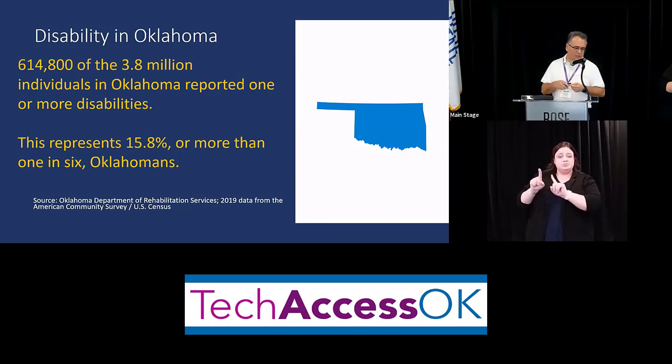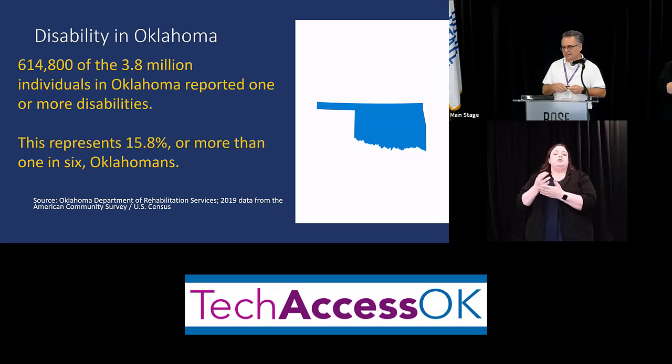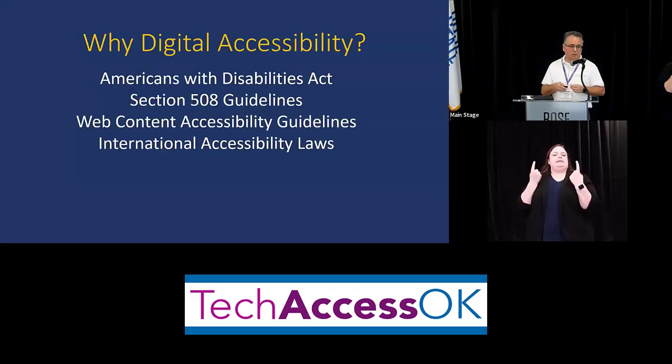This comes from the Oklahoma Department of Rehabilitation Services from a U.S. Census survey. You in your state may have different data, but when you're trying to make your case, having data helps this sort of project make sense.